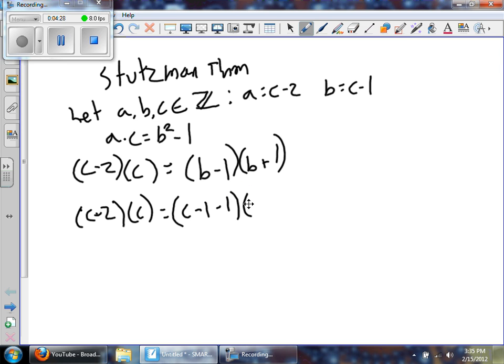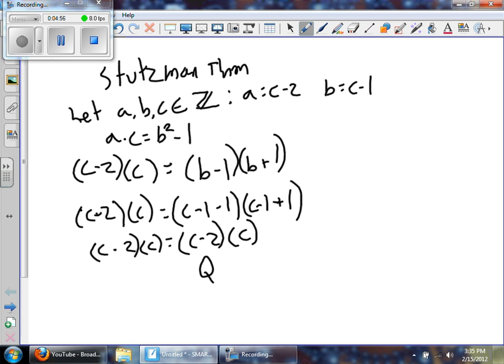So C minus 1 minus 1 and C minus 1 plus 1. All right, so let's simplify the right-hand side. Left-hand side, again, is C minus 2 times C equals, well, C minus 1 minus 1 is C minus 2, and C minus 1 plus 1 is just C.